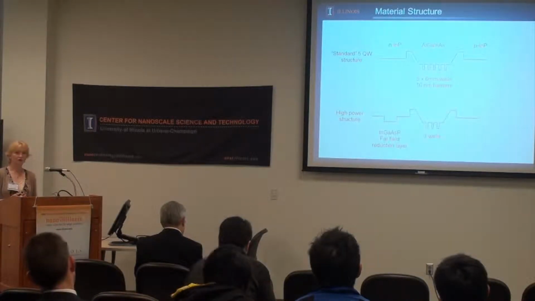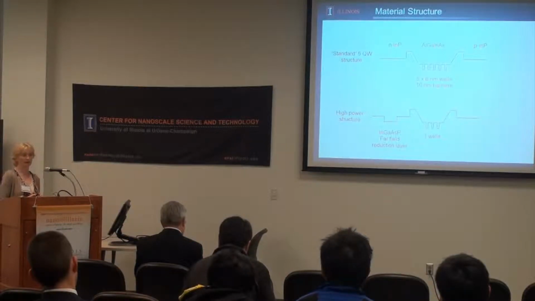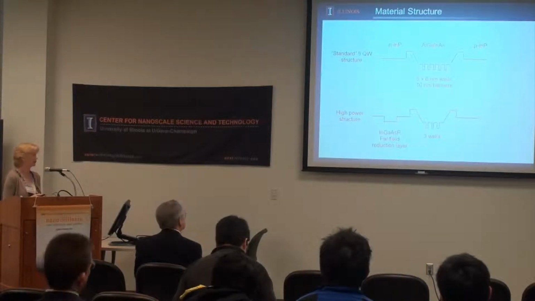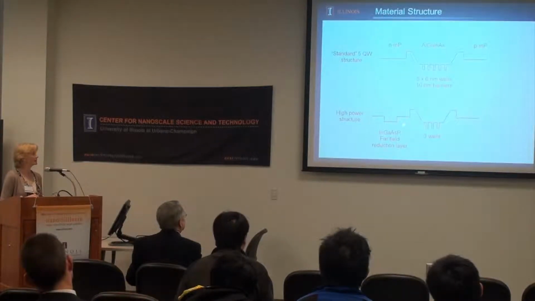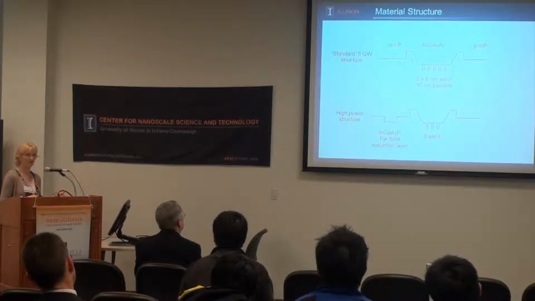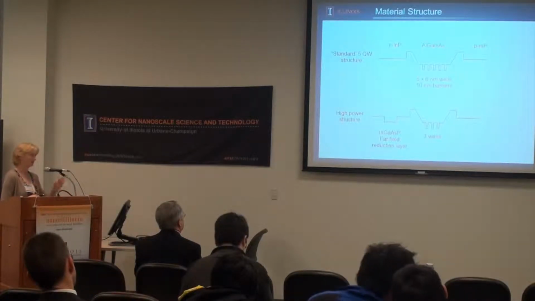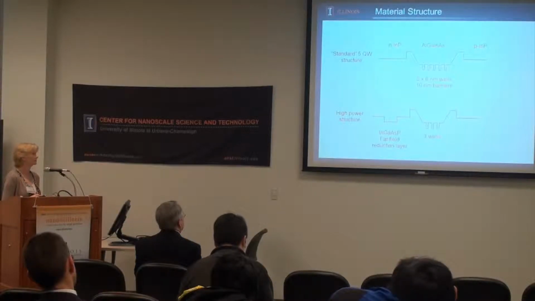What we wanted to do was get higher output power. So we took some lessons from the high power laser community, and what they've done is, interestingly, reduce the number of wells, but also they introduced this far field reduction layer, which is a weak waveguide on the N side of the active layer, I mean, down towards the substrate.